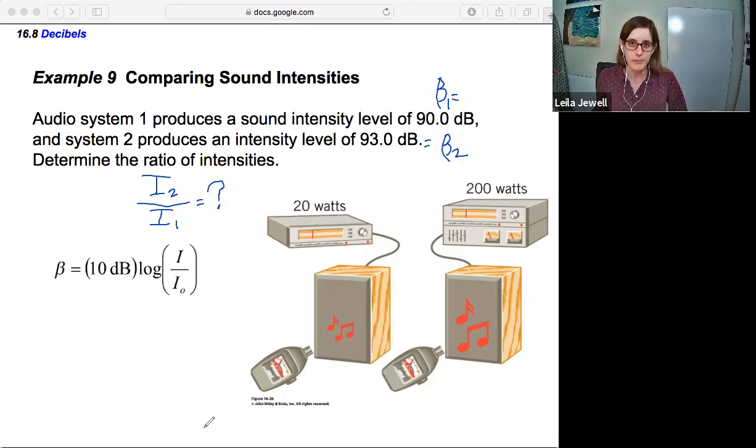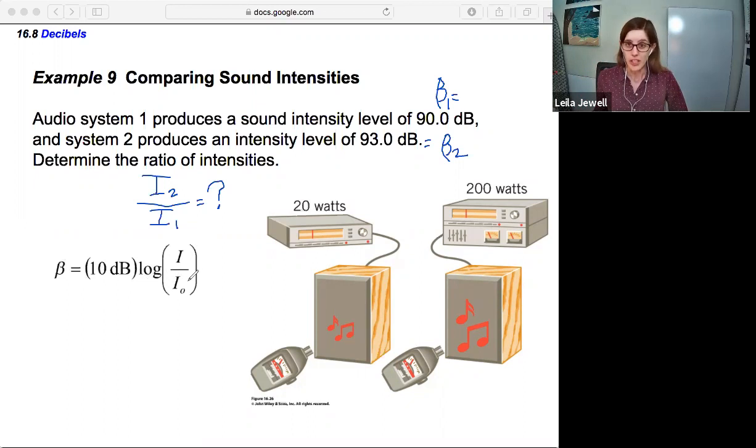Notice in our equation for the sound intensity level, the intensity is kind of buried. So I'd like to walk through some of the math mechanics of how we can extract that intensity from the equation, how we can turn this equation around. The first thing we want to do is get the I by itself.